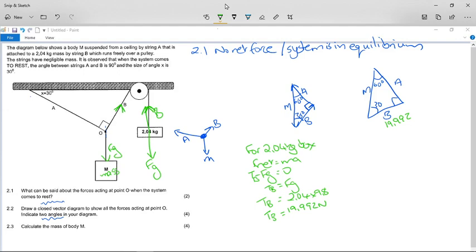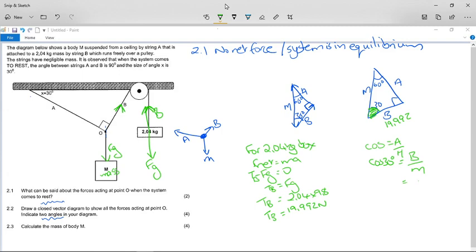So if I look at my right angle triangle, okay, then I can say to you, here's a 30-degree angle, and B is adjacent to the 30-degree angle. So cos equals adjacent over hypotenuse, and M is my hypotenuse. So the cos of 30 is equal to B over M, okay?